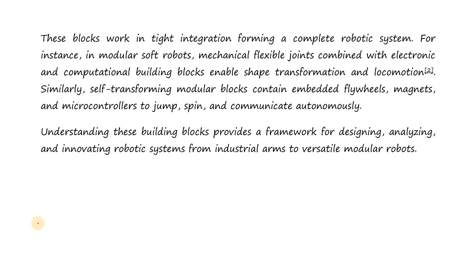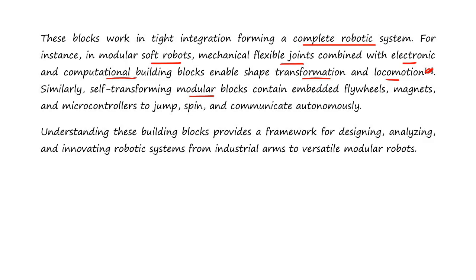Now, you see, these blocks work in tight integration, forming a complete robotic system. For instance, in modular soft robots, the mechanical flexible joints combined with electrical and computational blocks enable shape transformation and locomotion. Similarly, what about self-transforming modular blocks?